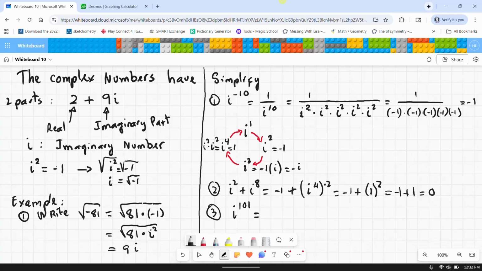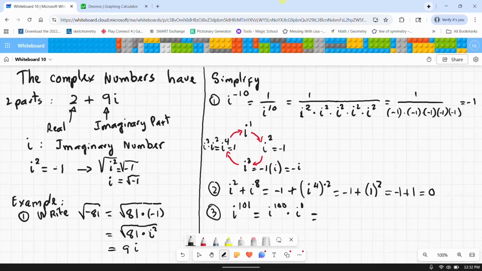I know that 101 is an odd number, and you cannot divide it by 4 to get an integer. So we want to split i to the 101 into i to the 100 multiplied by i to the first power, since 100 plus 1 is 101.